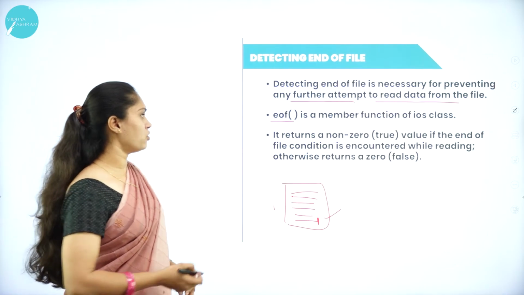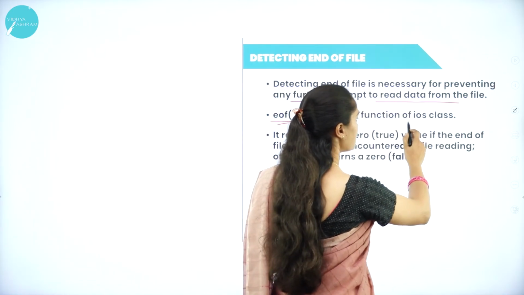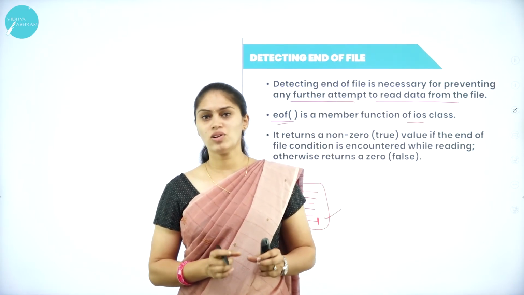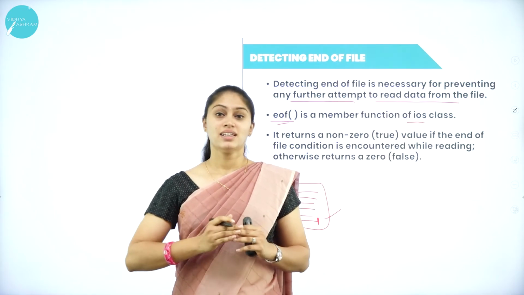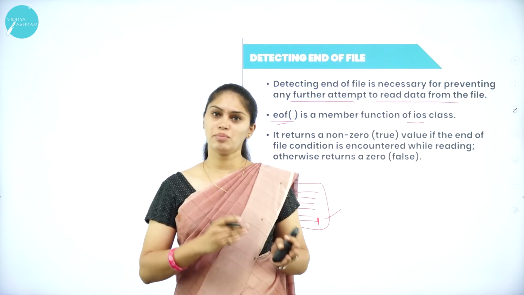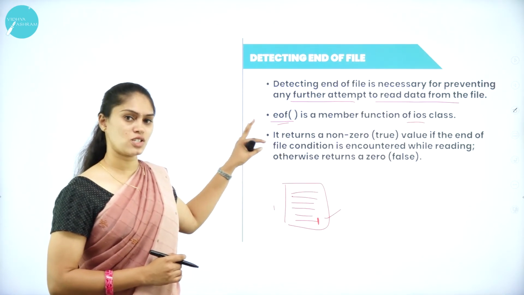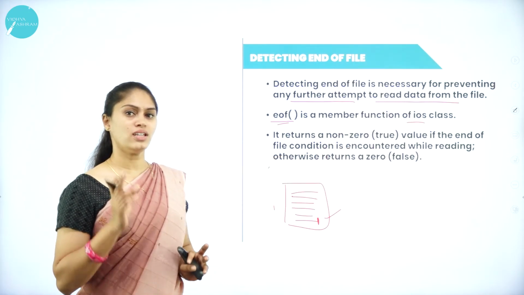This EOF member function belongs to which class? The ios class. We know that we have several file modes and a main base class, that is ios, the input output stream. So this EOF member function also belongs to the class called ios.